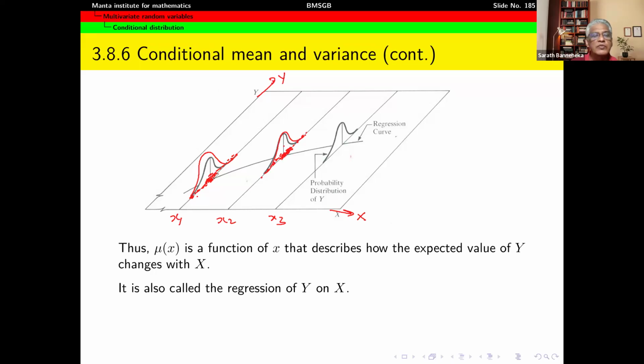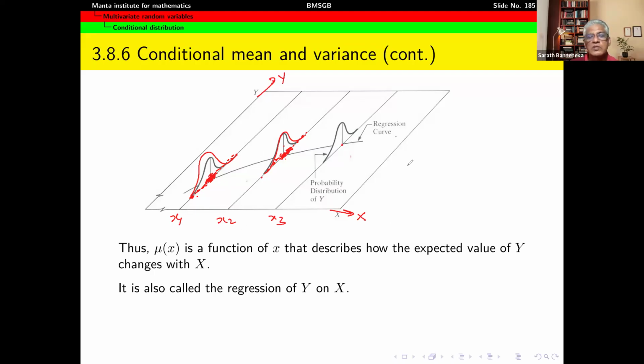Suppose the mean of this distribution is here, the mean of this distribution is here, and the mean of this distribution is here. So what we are really interested in a regression scenario is how this mean of y is changing with x.